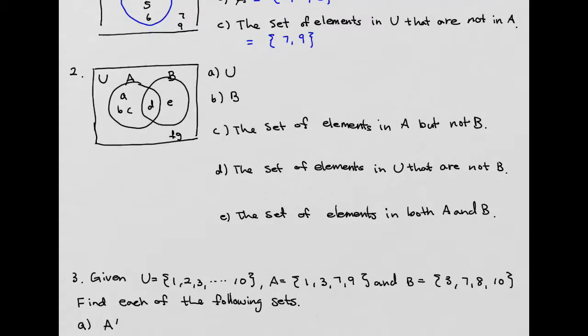If you have 2 sets given, so let's look at the universal set first. I have A, B, C, D, E belonging to sets A and B, but also outside I have F and G. So that's going to be the universal set.